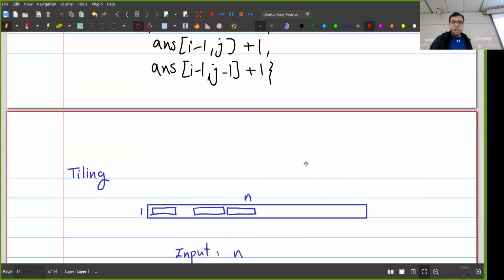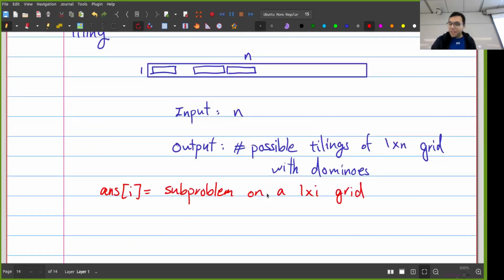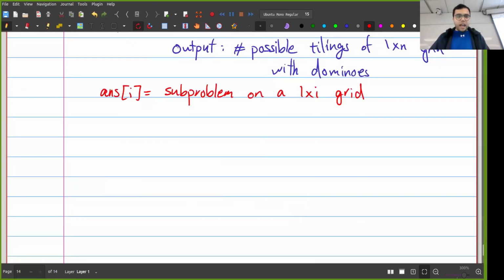Okay. Oh, and by the way, I forgot my base cases here. Don't forget them in the exam. I always write your base cases. Okay. So if I have a grid with I squares, what can I do with this grid of I squares? Basically, I have to decide where to put my last domino, right?